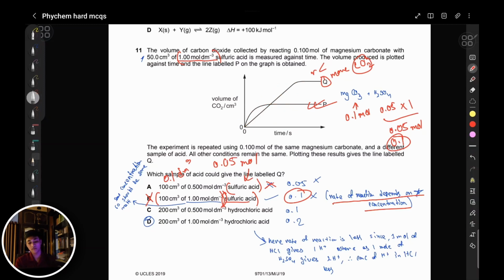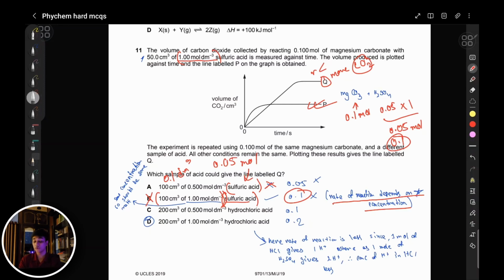What is C? 200 cm cube of 0.5 mole per dm cube of hydrochloric acid. 200 cm cube would be 0.2 times 0.5, which would give you 0.1. So 0.1 moles of HCl.